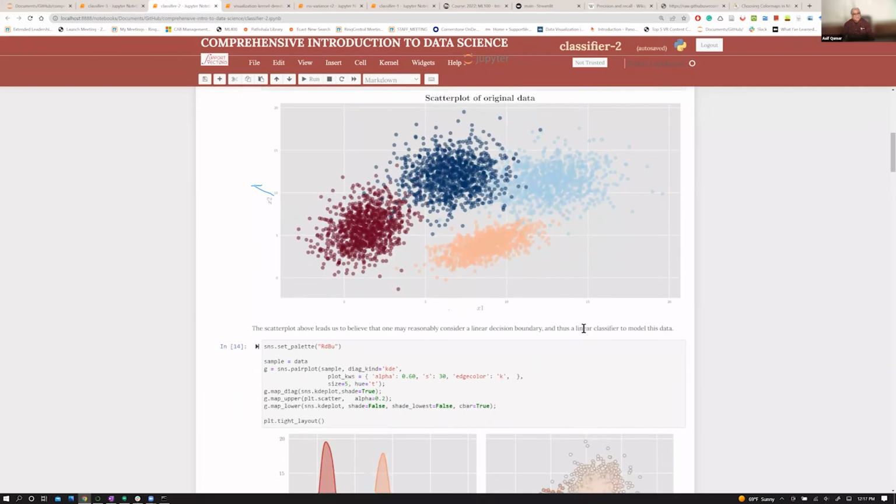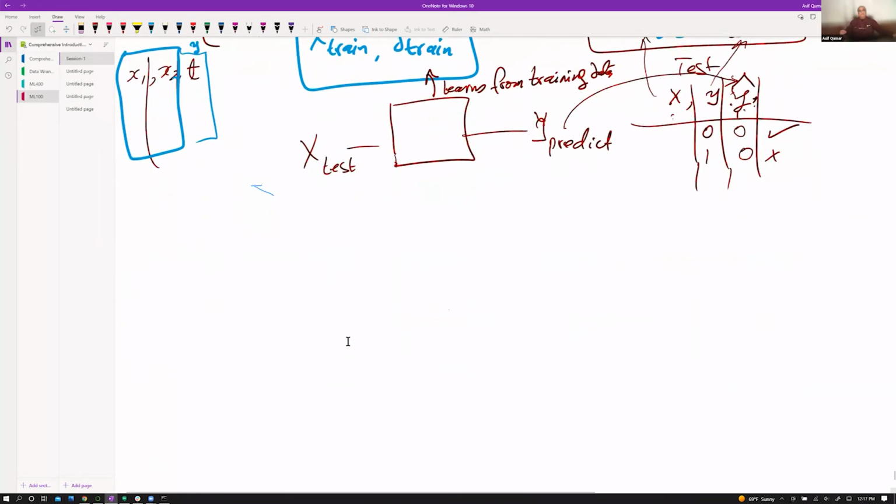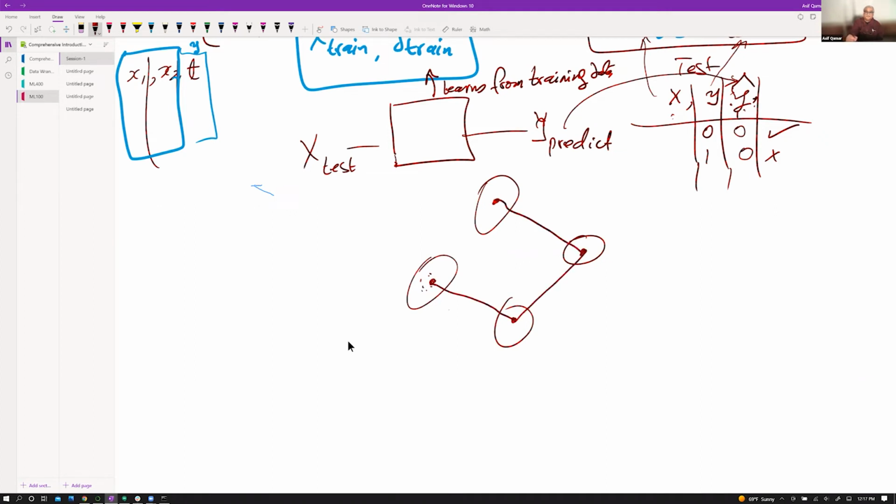But LDA is far more efficient because you can still find the center of these hills and draw perpendicular bisectors. I hope I'm making sense. Even if there are many areas of data, like here, this is one area of data, this is another, this is another, this is another. What can I do? I can connect the centers and find the perpendicular bisector.